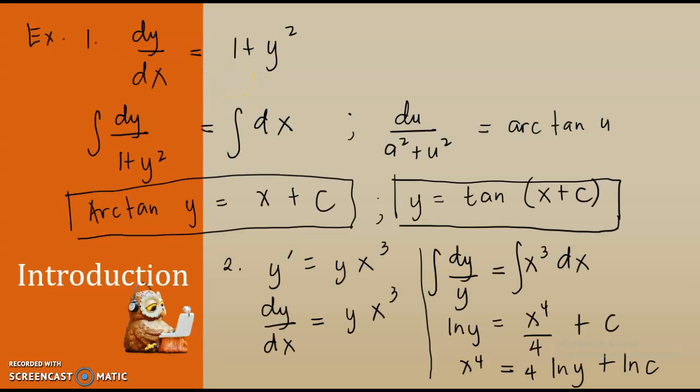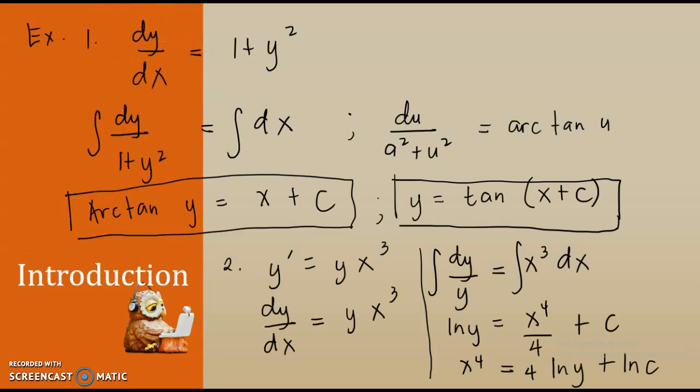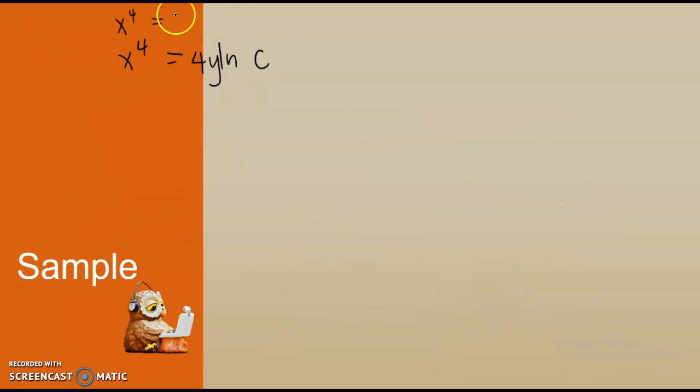Remember, we have x to the fourth equal to 4 ln y plus ln of c. Copy natin para makita nyo. x to the fourth is equal to 4 ln y plus ln of c. Para magparehas to, gawin natin kasi c naman constant kahit ano pong gawin natin.